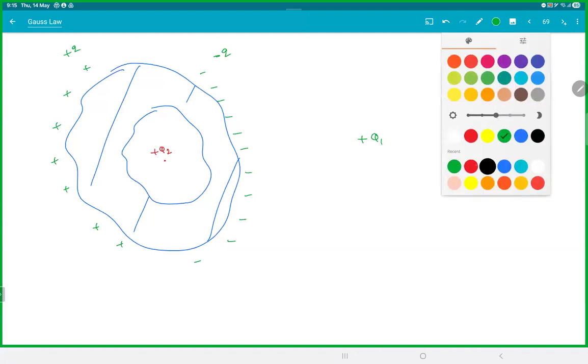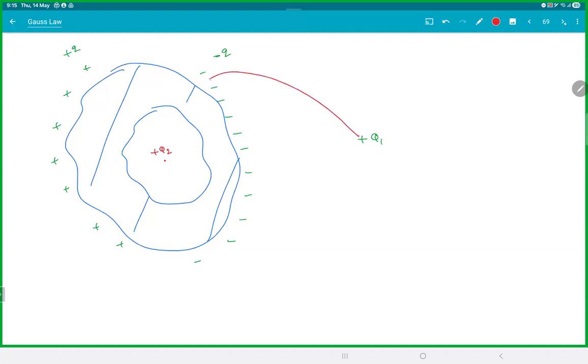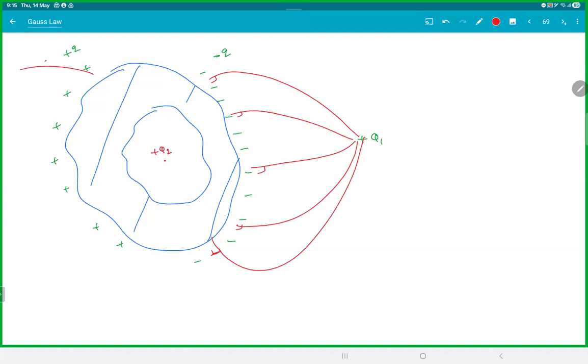Now see what happens. All the field lines from Q1 will come and stop at the surface because that minus Q is absorbing. And all these field lines will again go from here. That means if you look at Q2, the Q2 does not know that there is someone outside. The plus Q1 and its induced charges.